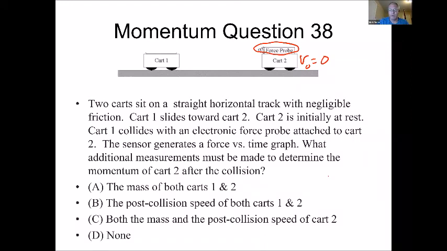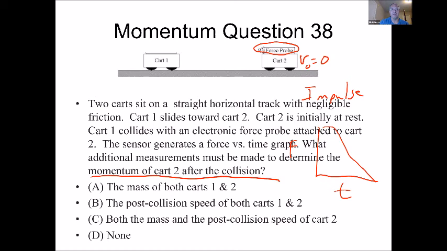All right, so we would have a force versus time graph. It doesn't matter what it looks like for right now, but remember that's going to give us an impulse. And we're looking for what additional measurements must be made to determine the momentum of cart 2 after the collision.